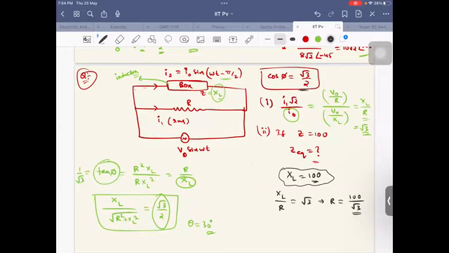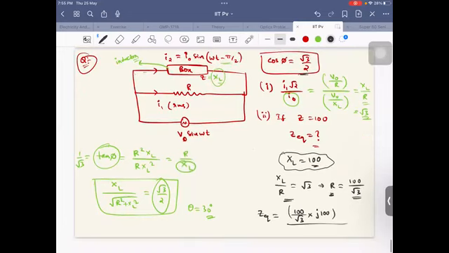Is it becoming lengthy? I got R and I got this one. So Z equivalent is Z1 Z2 by Z1 plus Z2, that is 100 by root 3 into J of 100 over Z1 plus Z2.